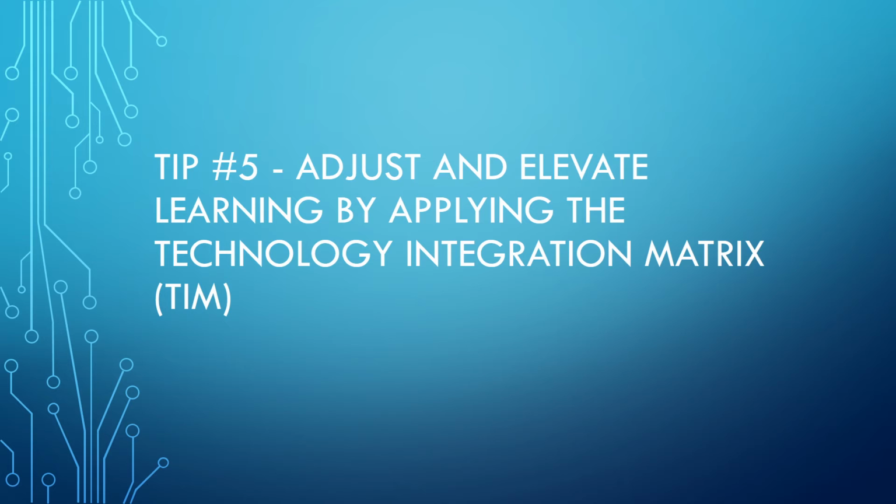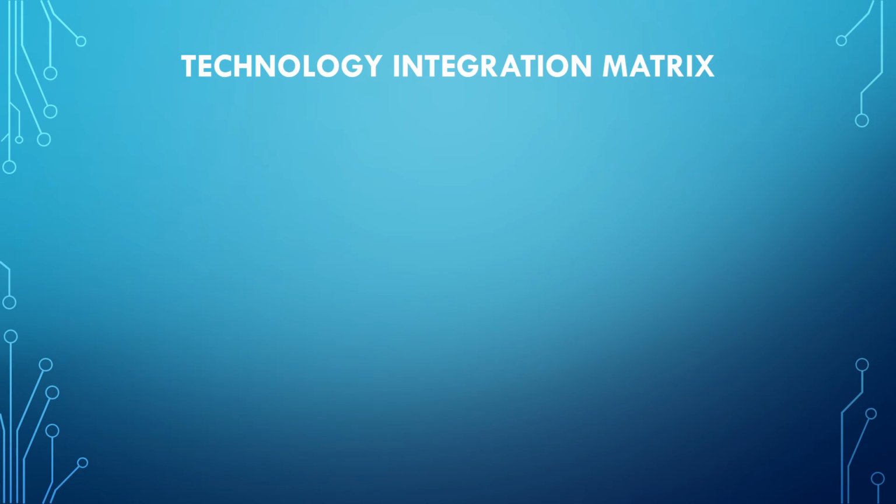Tip number 5, adjust and elevate learning by applying the Technology Integration Matrix, or TIM. Now that we know the laws, audience, and principles, teachers can adjust and elevate learning by applying the Technology Integration Matrix.